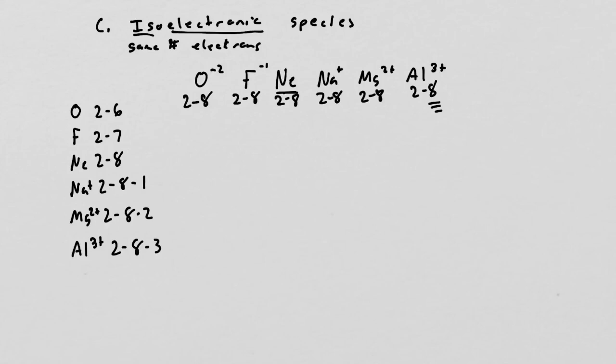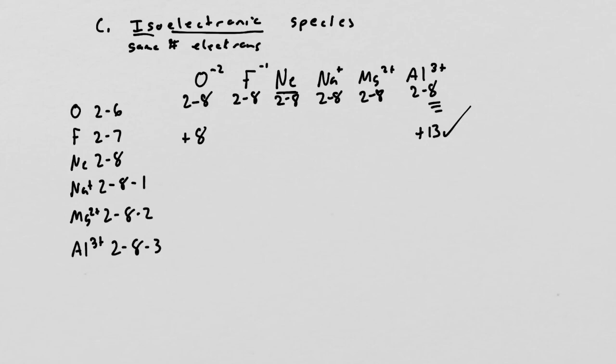Now, make sure we're clear. We have to get comfortable with indirect relationships. The relationship between nuclear charge and the size of the atom is an indirect relationship because if the nuclear charge is stronger, it pulls the electrons in closer to the nucleus, making the thing smaller. Therefore, aluminum, which has a nuclear charge of plus 13 versus oxygen with a nuclear charge of plus 8, has the biggest nuclear charge.